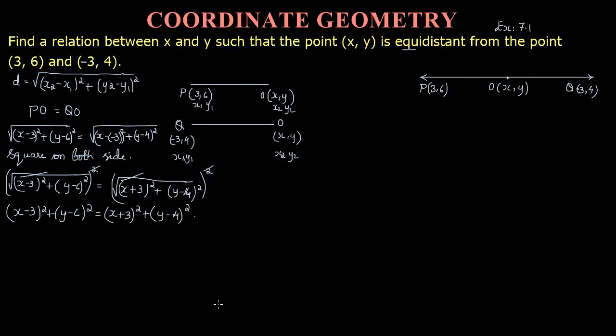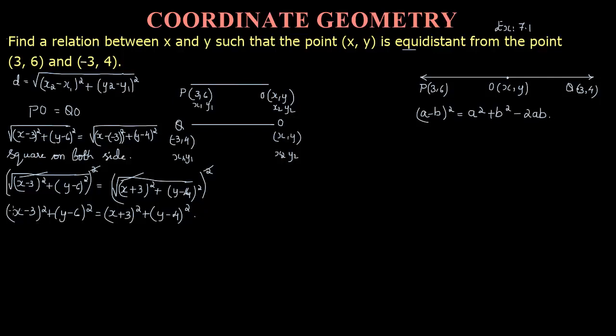whole square, right? So you can observe here, now you are dealing with two terms with the square, right? Everywhere when you have something like this, you can use the (a + b) whole square formula or the (a - b) whole square formula. What is (a - b) whole square? It is nothing but a square plus b square minus 2ab.